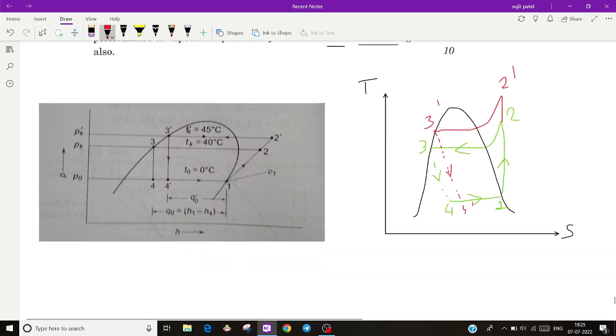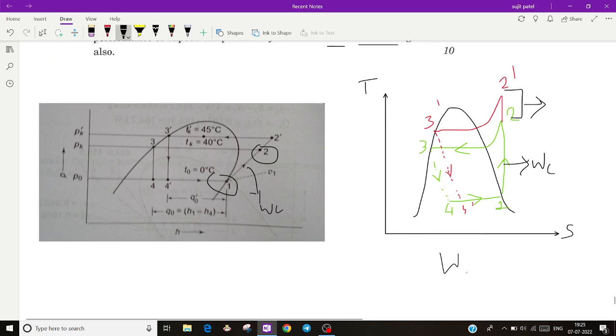Look at both the PH and TS diagrams. Here 1 to 2 is the original compressor work, WC. Here also you can see the compressor work. As we increase the temperature, the condenser pressure will also increase. To reach that pressure we need extra compressor work.